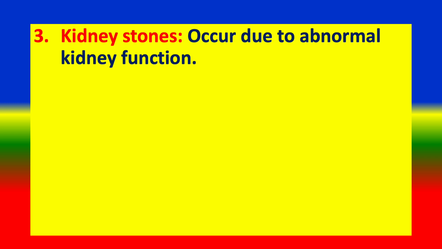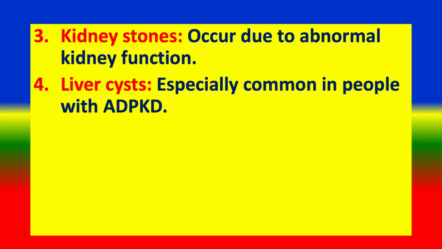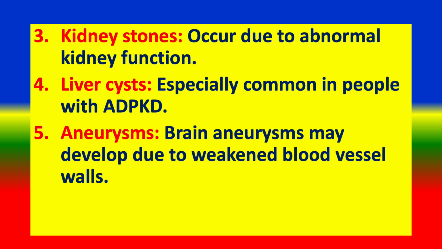Kidney stones, acquired due to abnormal kidney function. 4. Liver cysts, especially common in people with ADPKD. 5. Aneurysms. Brain aneurysms may develop due to weakened blood vessel walls.